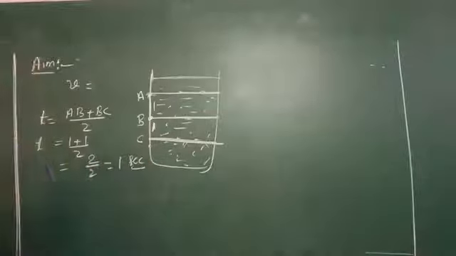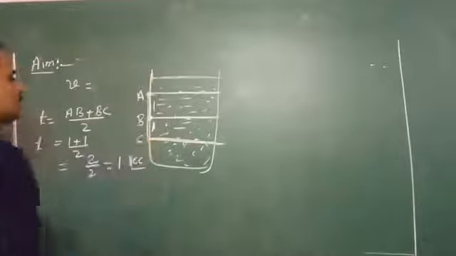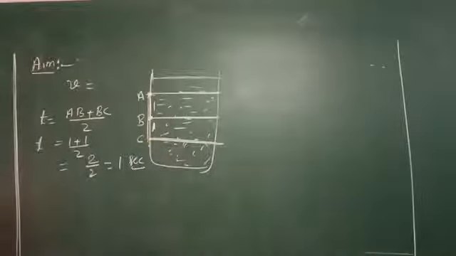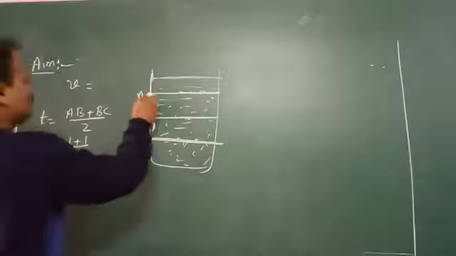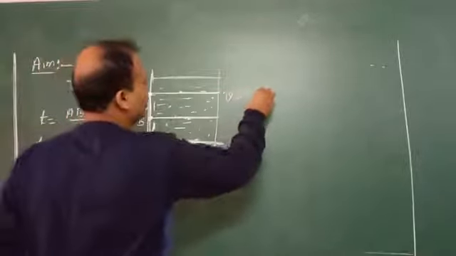That is the time taken, and we have to find out the distance. Suppose the distance is d, so the terminal velocity v is equal to distance upon time.